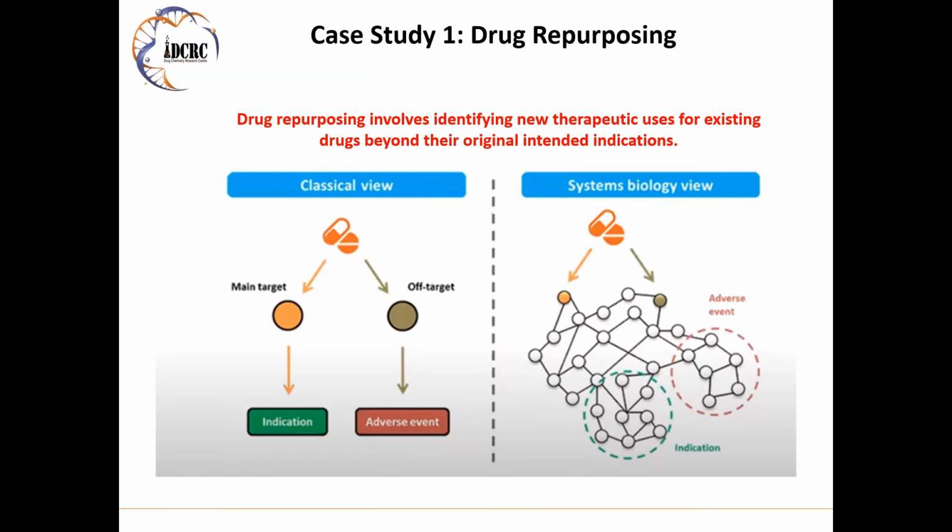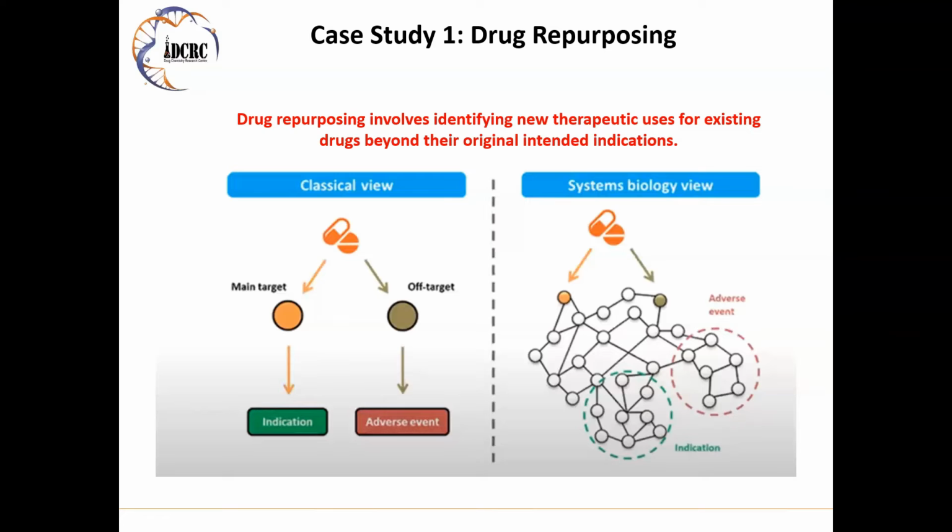When we study drug repurposing, suppose there is a drug like paracetamol, which has a particular action, its primary target or primary indication. But at the same time it can act on other targets in our body, and it has the capability to affect other systems in our body too.